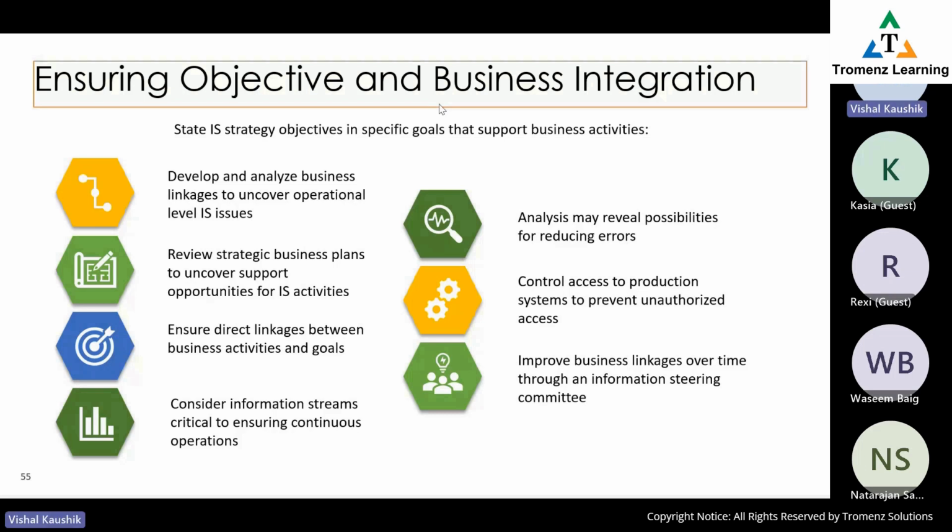Just saying that information security strategy objectives should also be stated in terms of specific goals which are directly aimed at supporting business activities. So we're talking about these areas. The first one is development and analysis of business linkages to uncover information security issues at the operational level.